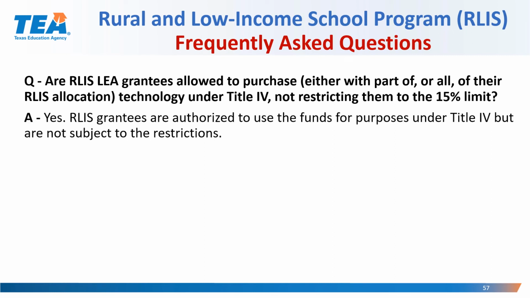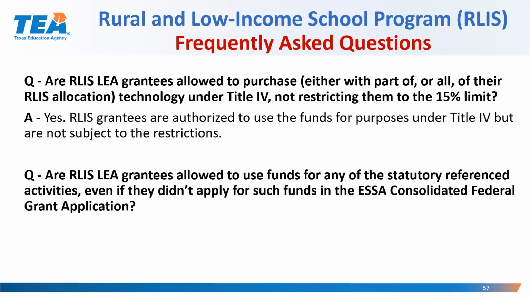The answer is yes. RLIS grantees are authorized to use the funds for purposes under Title IV, but are not subject to the restrictions. Question: are RLIS LEA grantees allowed to use funds for any of the statutory reference activities, even if they didn't apply for such funds in the ESSA Consolidated Federal Grant Application?